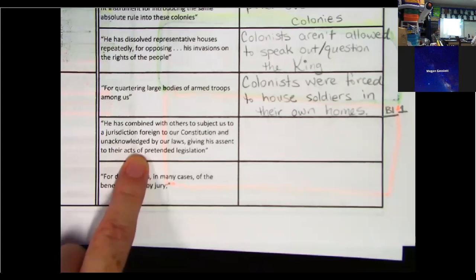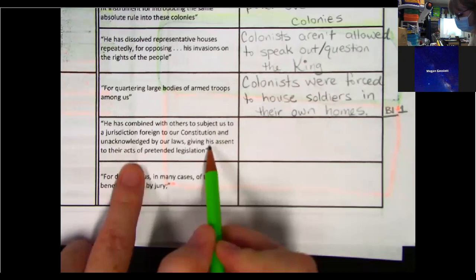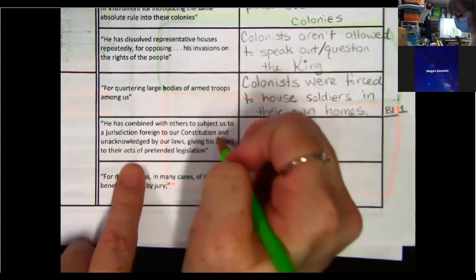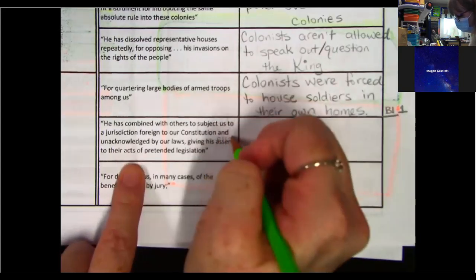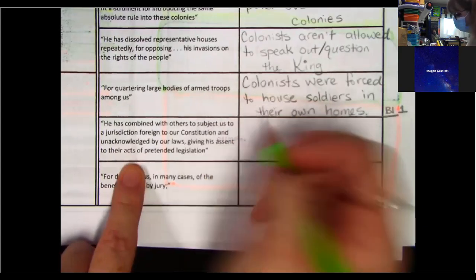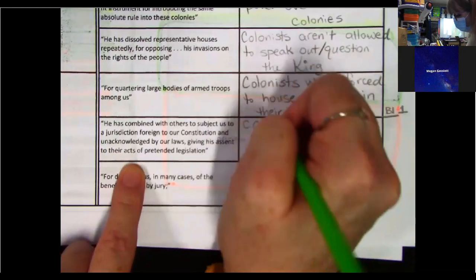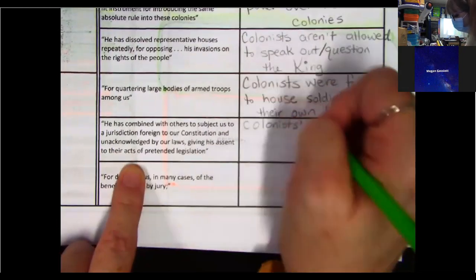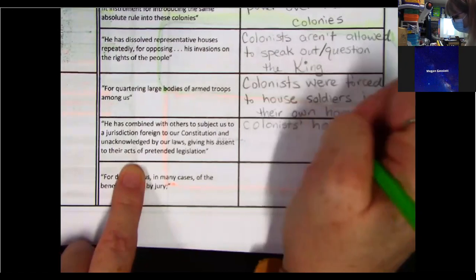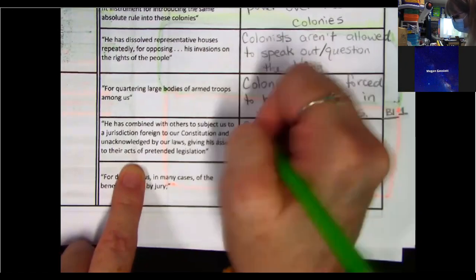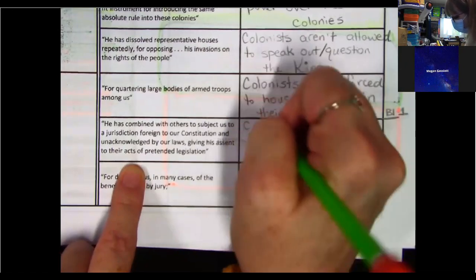Kayla, you're doing something to distract yourself. Okay, this has to do with giving his assent, which means permission. So this was colonists' homes could be what?